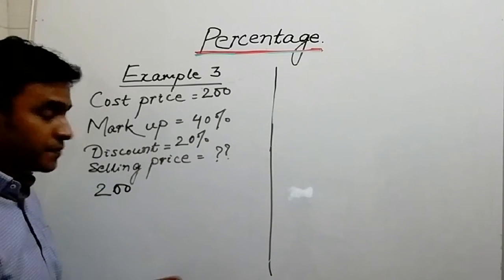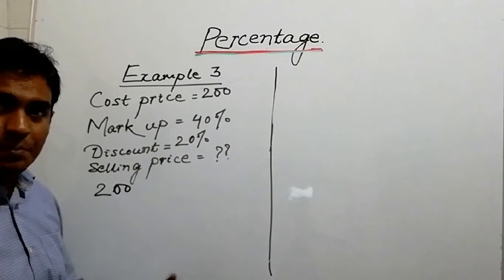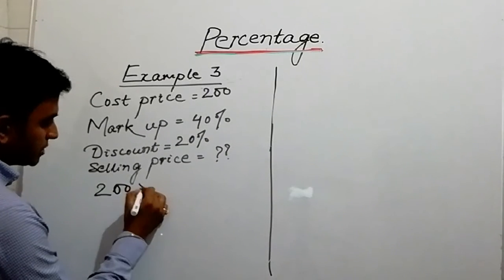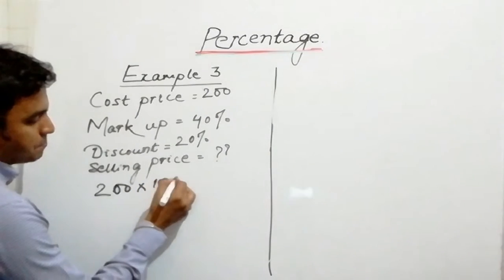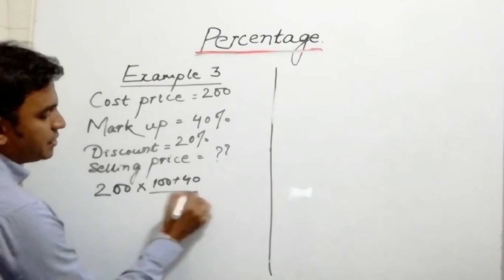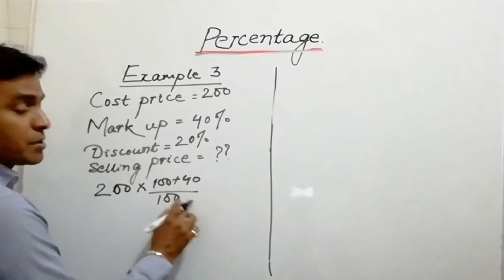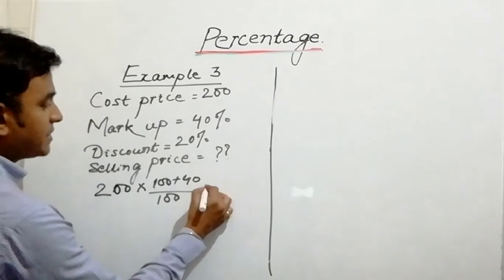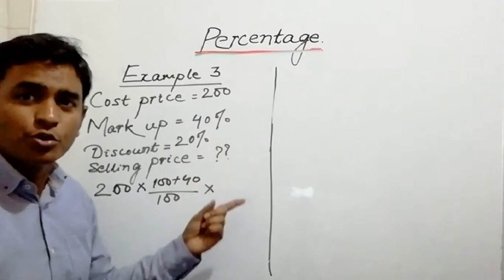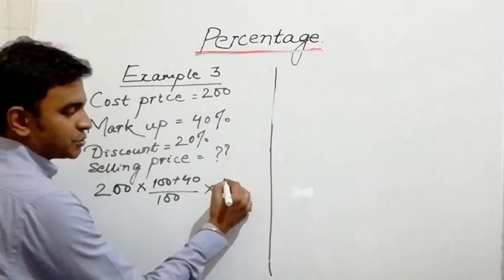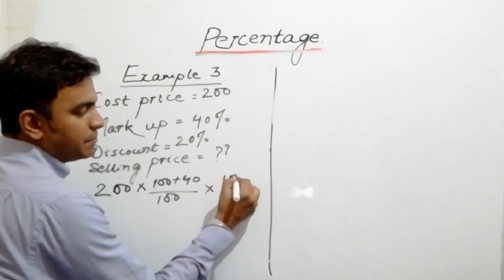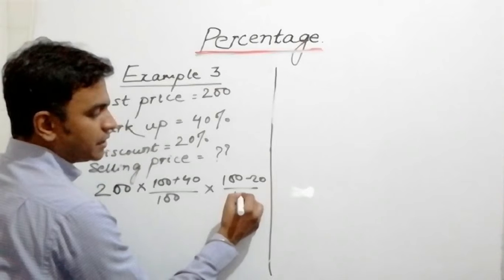This means post markup your price will increase. So it is simple: (100 plus 40) divided by 100, because this multiplying factor has to be more than 1, and then on top of that there is a discount of 20%. So you simply multiply by (100 minus 20) divided by 100.